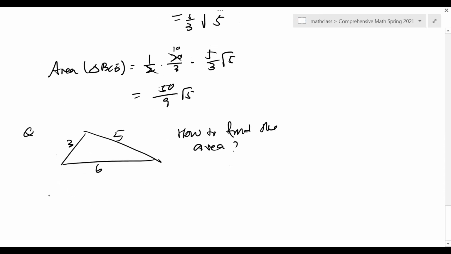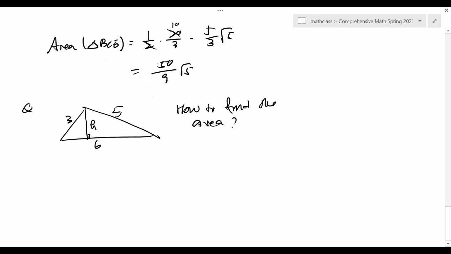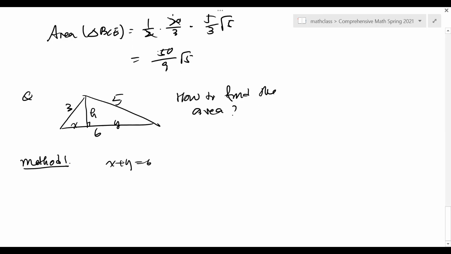Okay, so I'm going to show you the first method. You find the area. Okay, and this is the height. As soon as you find the height, then you can find the area. So this side is x, this side is y. So you write all the possible equations you can get. So that's my first method. Okay, x plus y is 6. That's the first equation. You need 3 equations in order to determine 3 unknown variables. Then h squared plus y squared equals 5 squared.